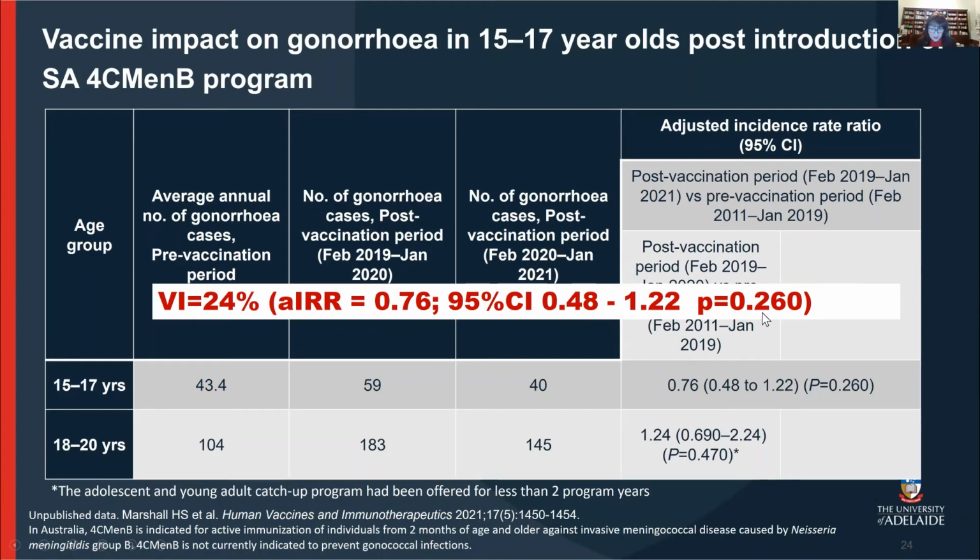However, again, this is not a significant difference, and the confidence intervals include 1, based really on our fairly low numbers of gonorrhea cases in that 15 to 17 year age group. In South Australia, we don't see many cases in that age group. Most of them, the highest rates, are in the 20 to 30 year age group.